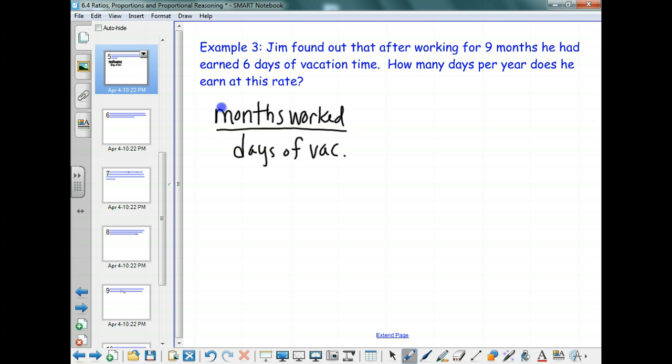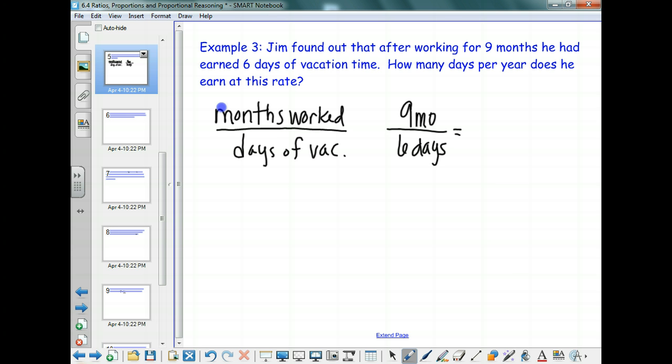That's not the only way to set this up. I'll set it up one other way before we're done so you can see another option. All right, so if we do this, how many months did he already work? 9 months. And how many days does he have? 6 days. And it will help you, and it will help me, if you keep the units on there so you make sure you really put them in the right spot.